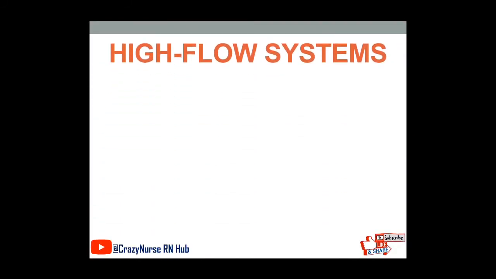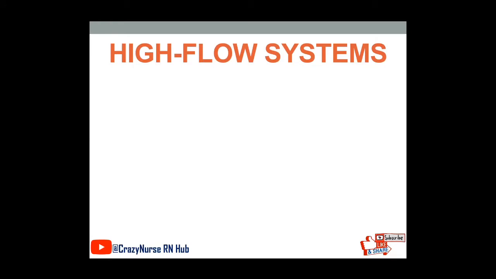So now let's proceed to your high flow systems. As I have said, high flow system devices will be used for patients who could not really breathe or could not get any amount of oxygen from the atmosphere or the environment.